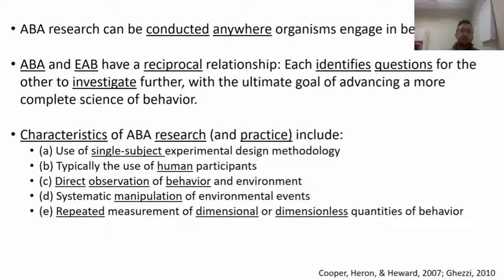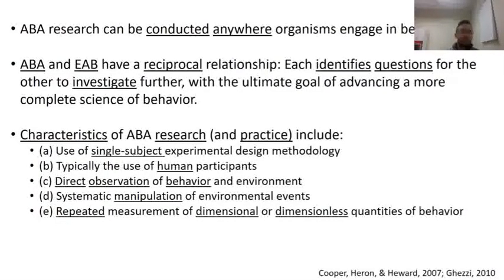It's not uncommon to have 2, 3, 4 participants in the same study. But in general, the logic works like this: you have, let's say, a single participant, and you select a behavior of interest or an aspect of behavior of interest, and that's what you're going to measure.